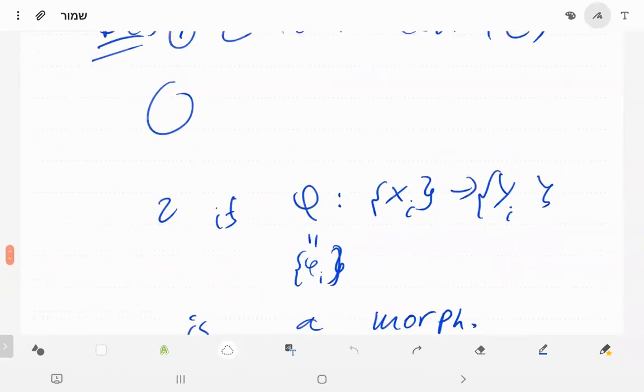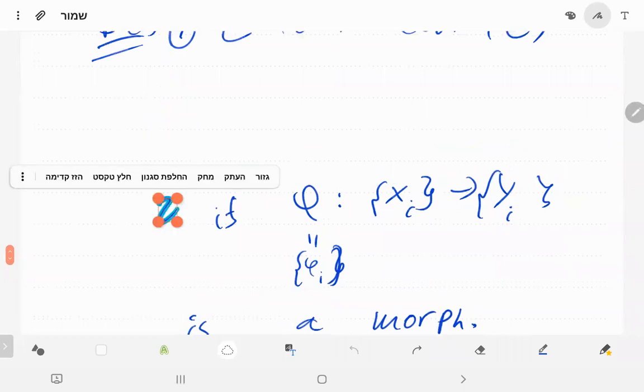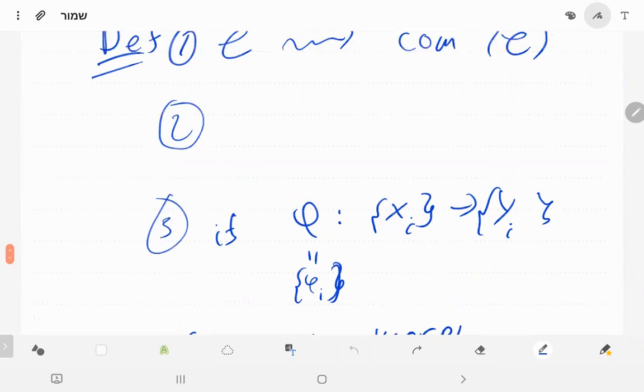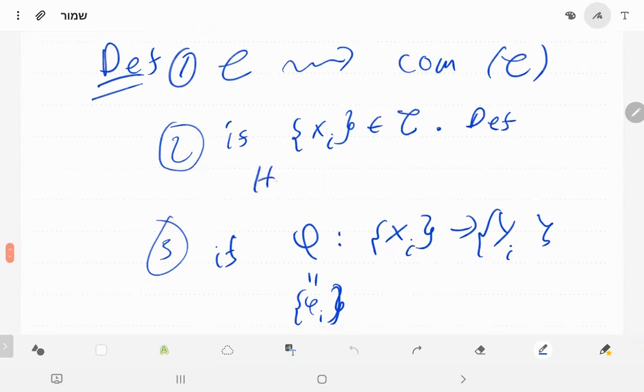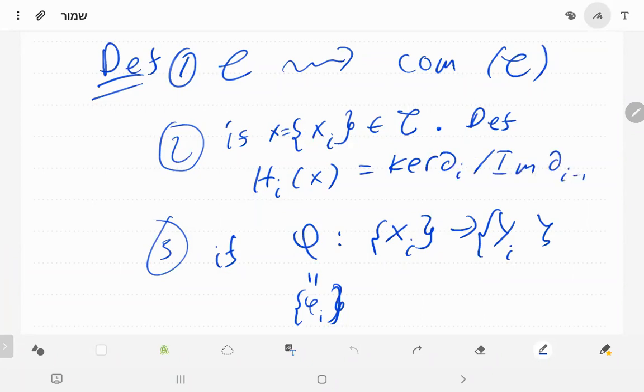Okay, this will be 3, this 2. If X_i in C, define H^i of X to be the kernel of d_i modulo the image of d_{i-1}.